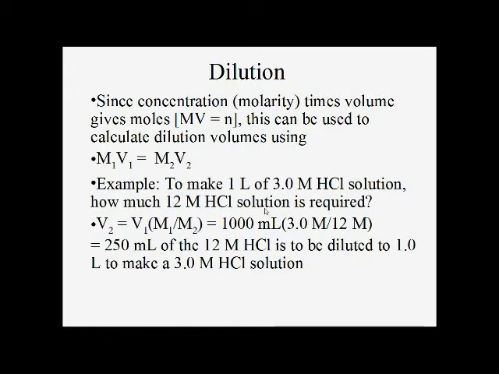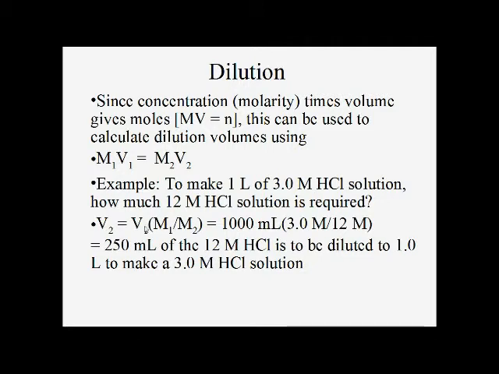So if we have a 12 molar hydrochloric acid solution, this is how it's sold, that's concentrated hydrochloric acid solution. We want to make a liter of a 3 molar solution. We need to determine how much of the 12 molar solution to measure out that we dilute to 1 liter. So we take the equation M1V1 equals M2V2, solve for volume V1, that'll be our concentrated volume.